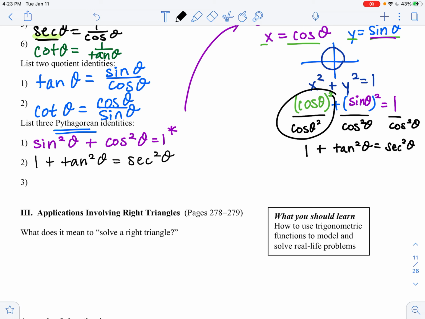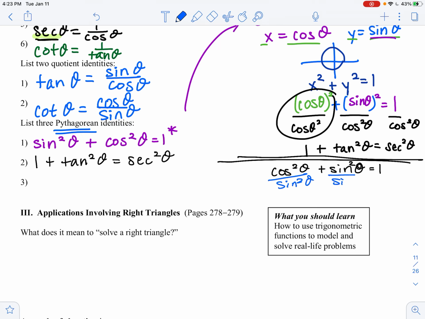And then our other one can also be derived from cosine squared theta plus sine squared theta equals 1. If I divide everything this time by sine squared theta, I get cosine over sine, which is cotangent.